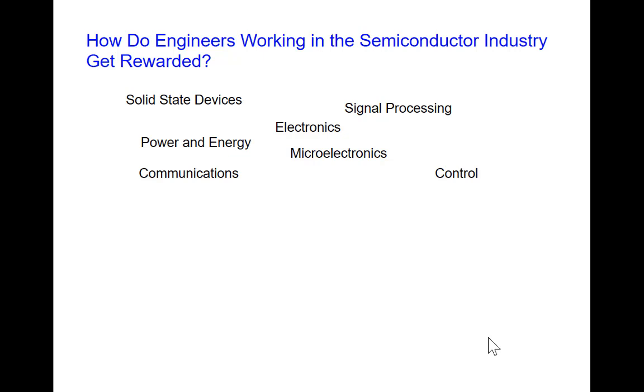We might ask the question, how do engineers who work in the semiconductor industry get rewarded? IEEE does a salary survey every year, and they break the salaries down by areas: solid state devices, signal processing, electronics, microelectronics, power and energy, communications, control, and so forth.